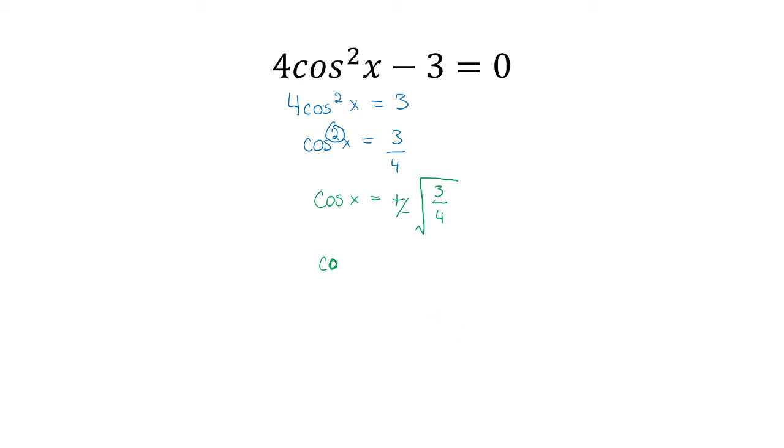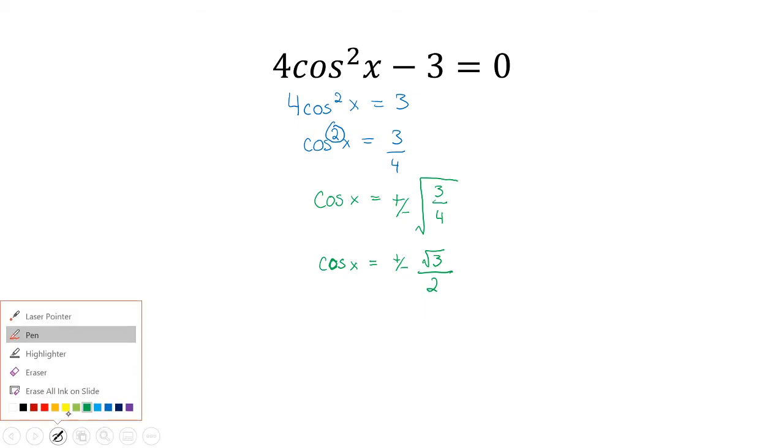So I have the cosine of x equals positive or negative square root 3 over 2. That's really kind of good because the square root of 3 over 2 is on our trig chart. So if you have that trig chart handy, it's going to come in really, really big time for you.